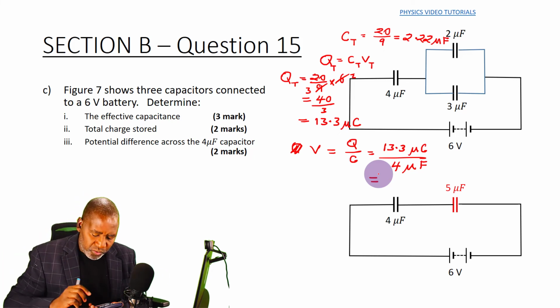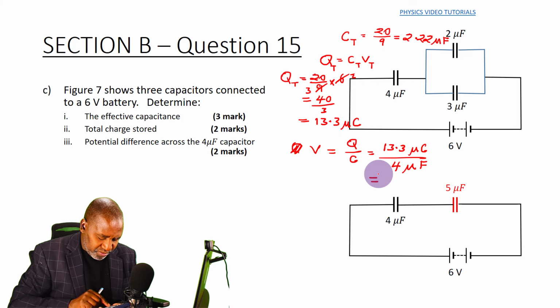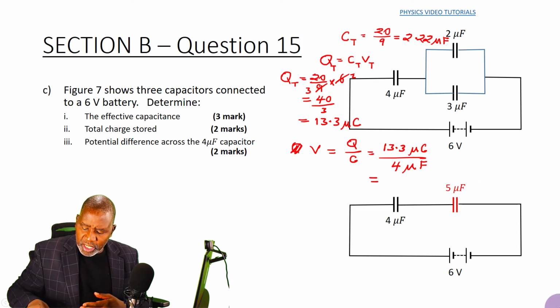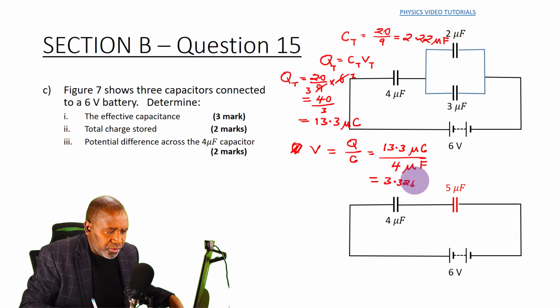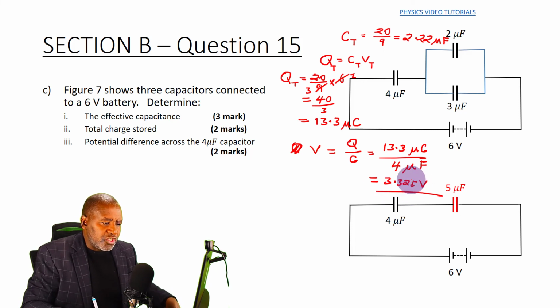Let me see what that gives me. That will be 13.3, we divide by 4, and we find it is 3.325 volts. That will be the voltage across the 4 microfarad capacitor.